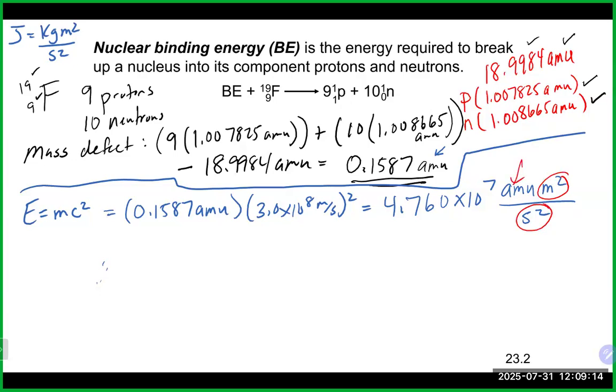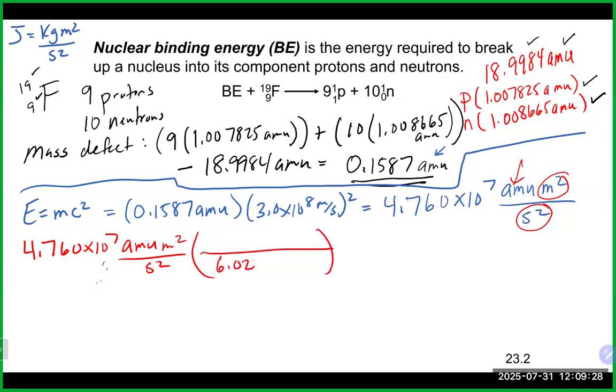So we can do a little conversion: 4.760 times 10 to the 7 AMU meters squared per second squared, divided by our friend 6.022 times 10 to the 26.